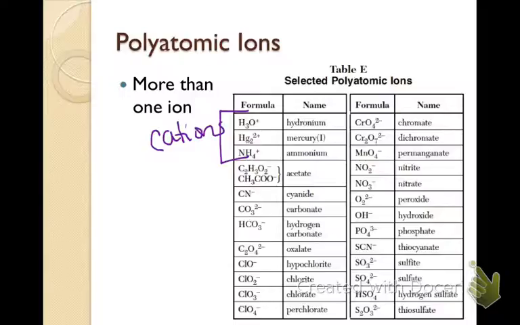Most of these end in ate, ite, so ates and ites, and a few little ides. So if it ends in ate or ite, it comes from Table E. If it ends in ide, well, remember, any nonmetal just by itself that's an ion will end in ide. So you just have to make sure that you look. Okay, so if it's like phosphide, check on here if it's there. If it's not, then it's just the phosphorus ion.